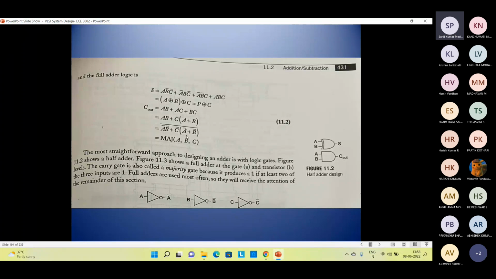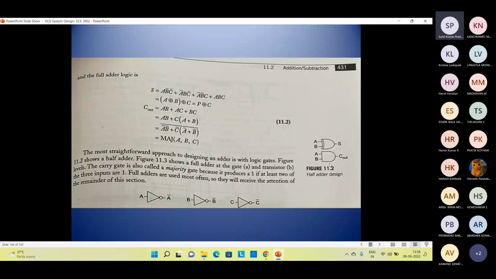Okay, so the straightforward approach to design an adder is with logic gates. If you can see, this is the figure of the half adder design.